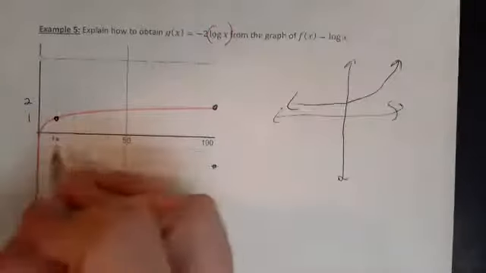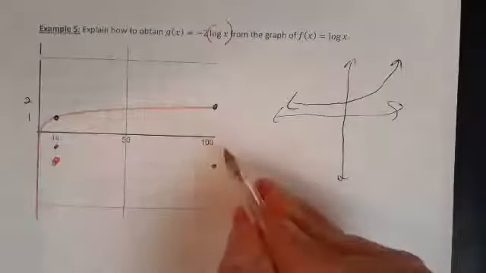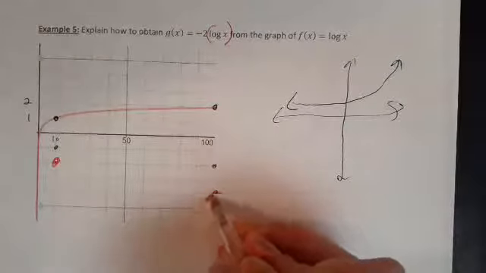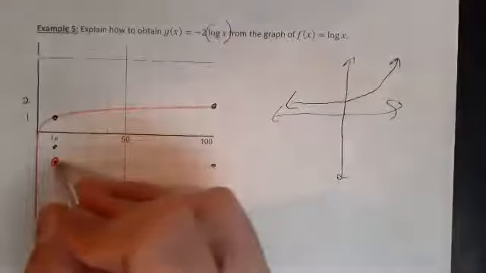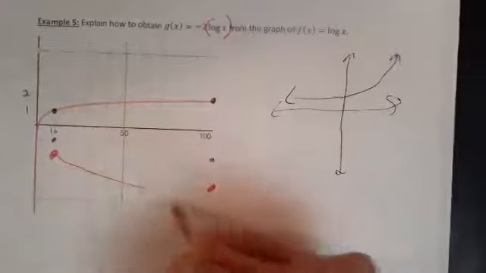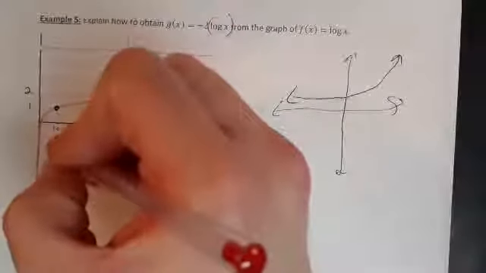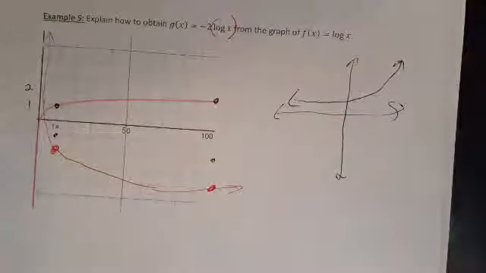So instead of a -1, I'm coming here at -2. Instead of -2, I'm coming down at 1, 2, 3, 4. And so it should be stretched. Not the straightest graph, but it should look something like that. So we're going to flip it, and then we're going to stretch it a little bit.